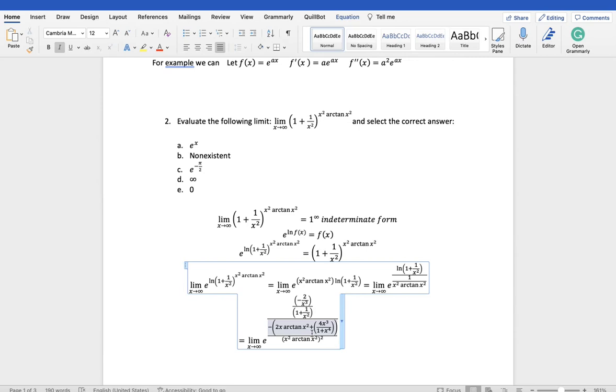For the denominator, the derivative of 1 over x squared times arctan x squared. Okay, you really have to go through it yourself. And of course, since this is a quotient, you can use the quotient rule, which I believe is what she used here.